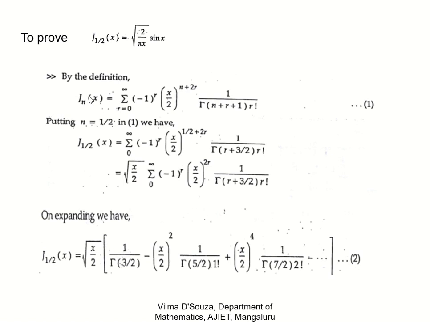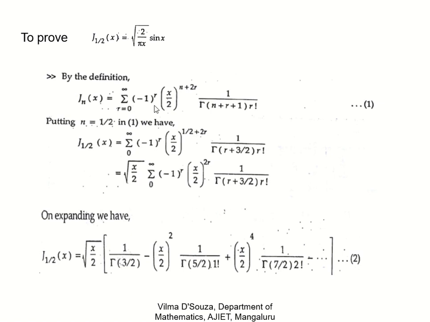You have Jn of x. To get J half of x, you put n is equal to half. So what do you get when you put n is equal to half? The left hand side is J half of x is equal to summation r varying from 0 to infinity. Remember, you are substituting only for n as half.